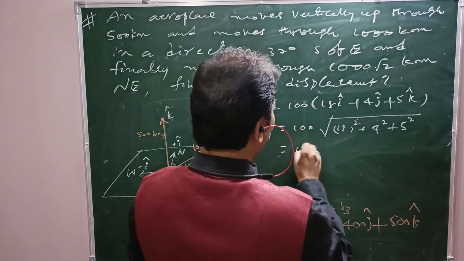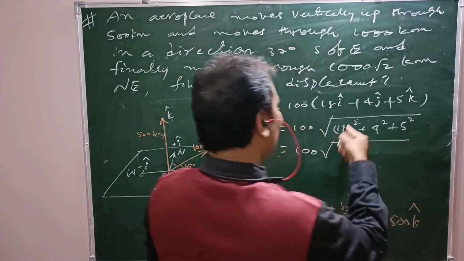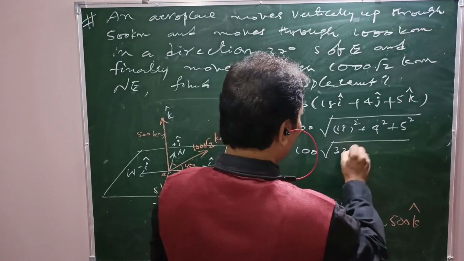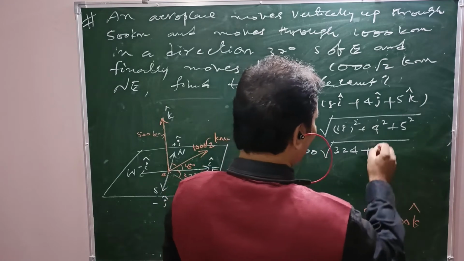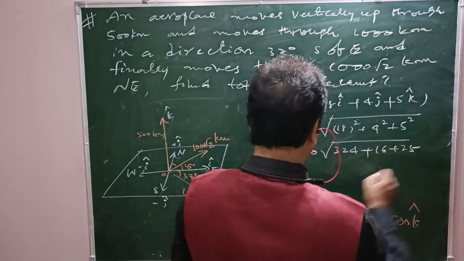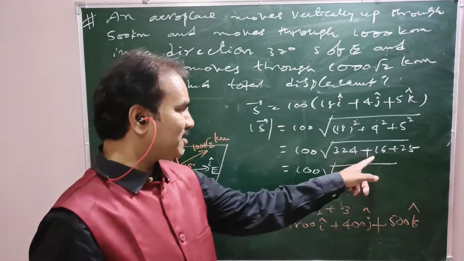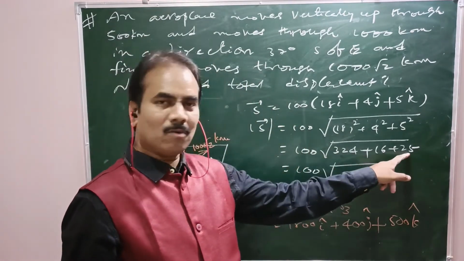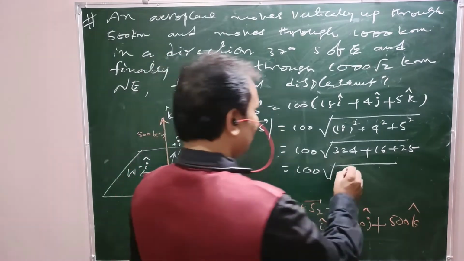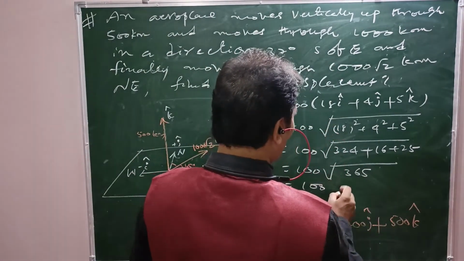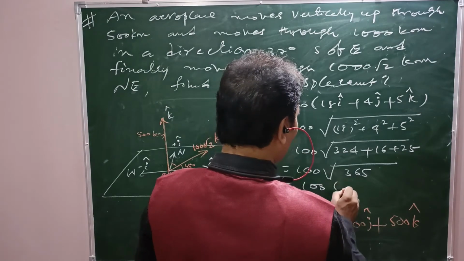That is 100 into root over 324 plus 16 plus 25. 324 plus 16 is 340, plus 25 is 365. We are left with 100 into, this is what, 19.1.